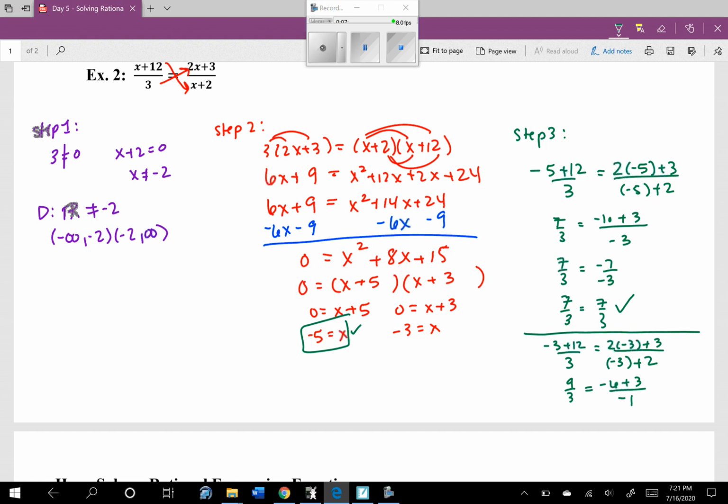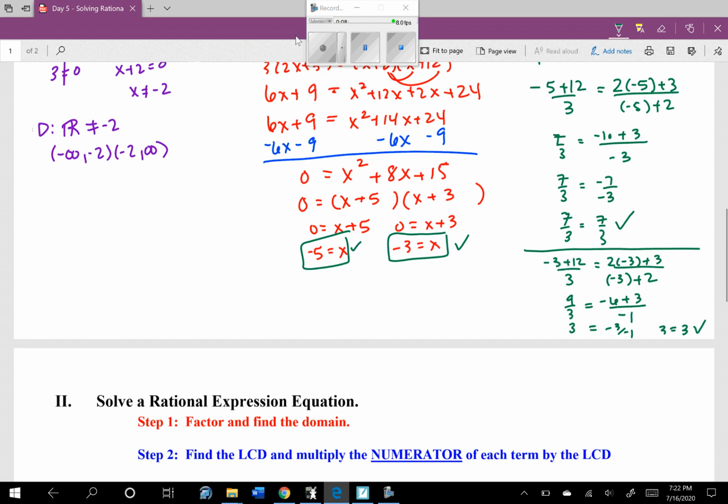And so 9 over 3 gives us 3, and this gives us -3 over -1. So we get 3 is equal to 3. So that means this solution also worked because both sides of the equation are equal to each other, which is what we're doing, just checking our work.